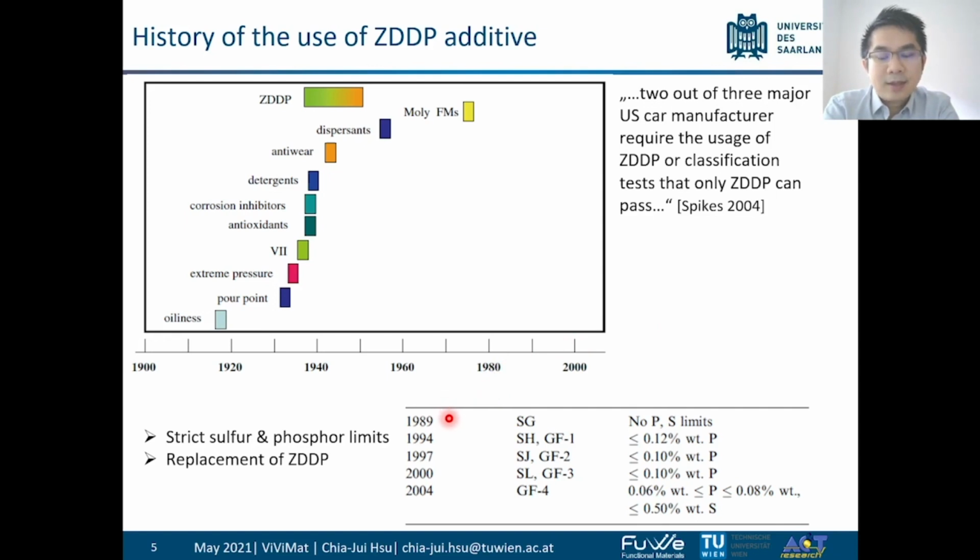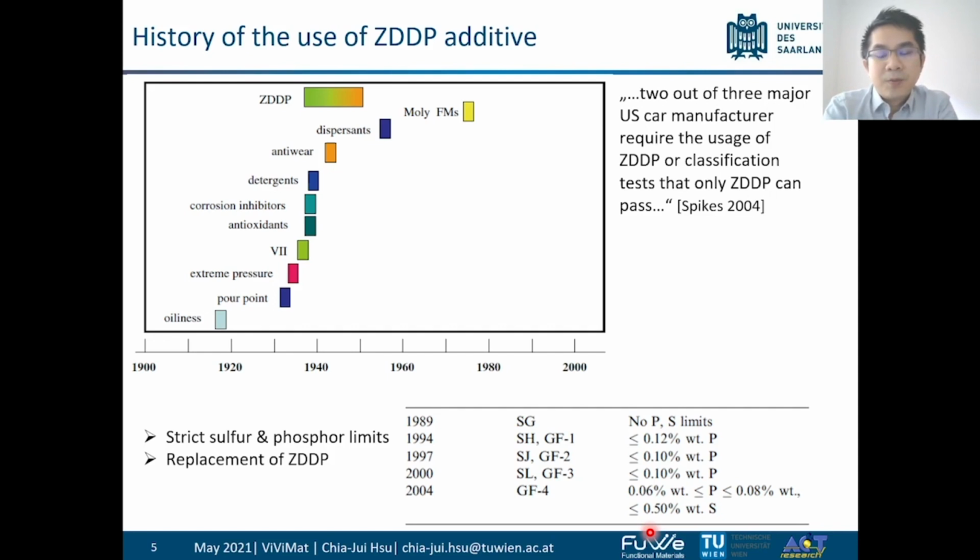As you can see here, from year to year, the use of phosphorus and sulfur has been limited, and these limits actually open a new page in the study of ZDDP, because all the potential candidates that want to replace ZDDP are either too expensive or their function is not as good as ZDDP.